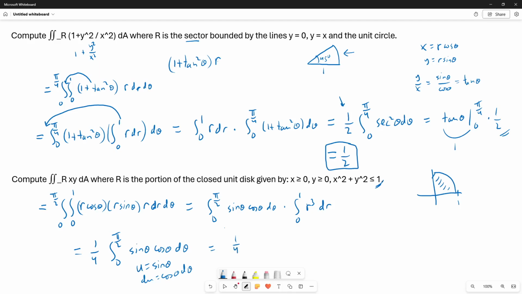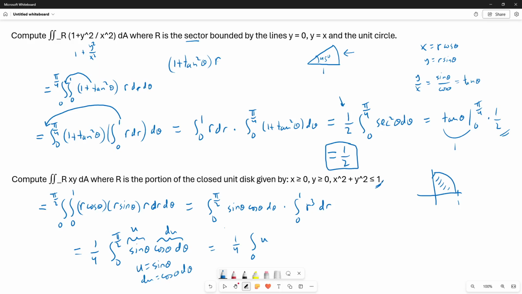So we get 1/4 times the integral of just u, not sine u. I was about to write sine u, but u is just sine theta. And then this is du. So this is just the integral of u. Now, what are the bounds? When theta is 0, u is the sine of 0, which is 0.